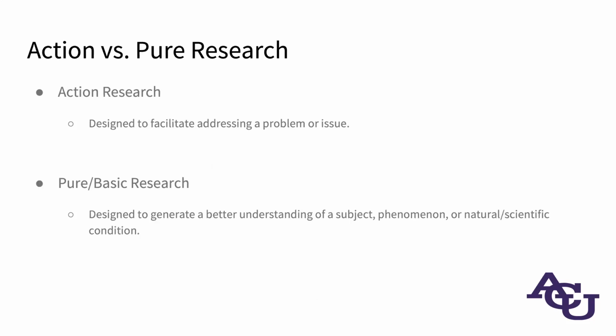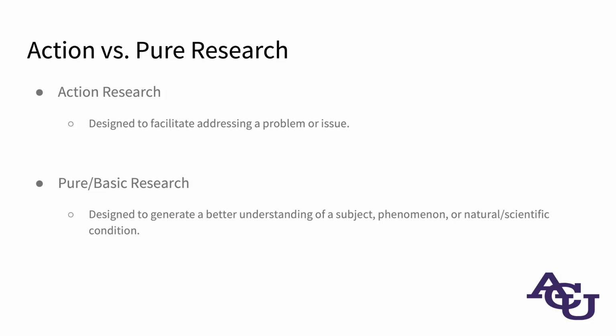Now, there's also a difference between action research, which is designed to facilitate addressing some problem or issue. Action research tries to make things better, versus pure or basic research, where you're trying to understand something, and that understanding is the primary purpose. Now, almost always, if you're doing mixed methods research, it is action research or something that is designed to enable and facilitate action research.